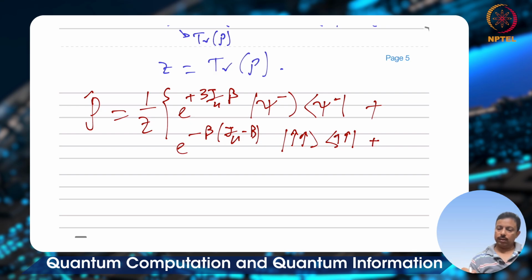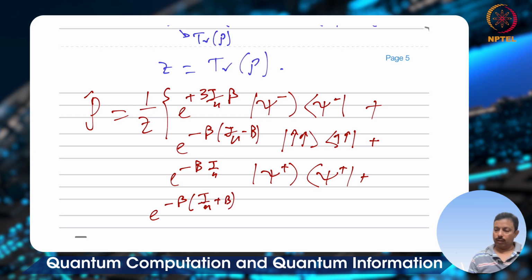So this is done, 3J by 4, then J by 4 is done, then another e to the power minus of beta J by 4, and that's psi plus, plus e to the power minus of beta J by 4 plus B, and that has psi minus, I'm sorry, that has down.